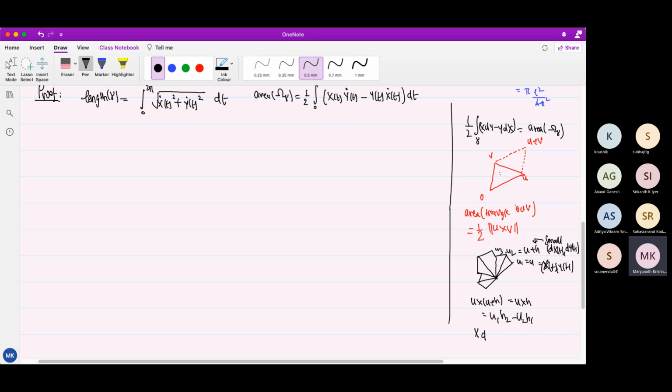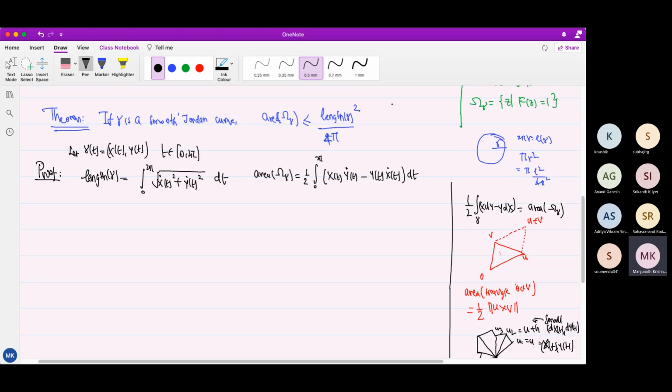It's the infinitesimal difference, so to speak. So h2 is like x dy, and u2 is y and h1 is like dx, so we have x dy minus y dx. So that's this area formula.